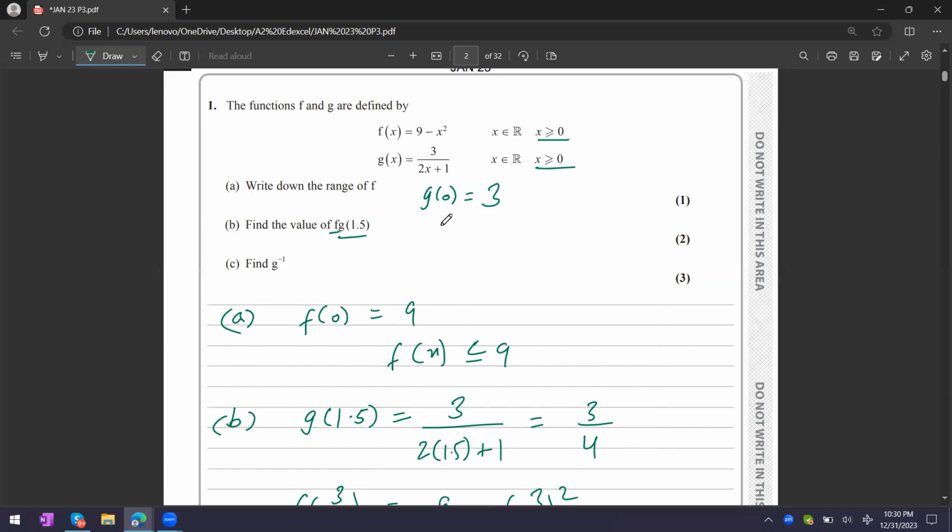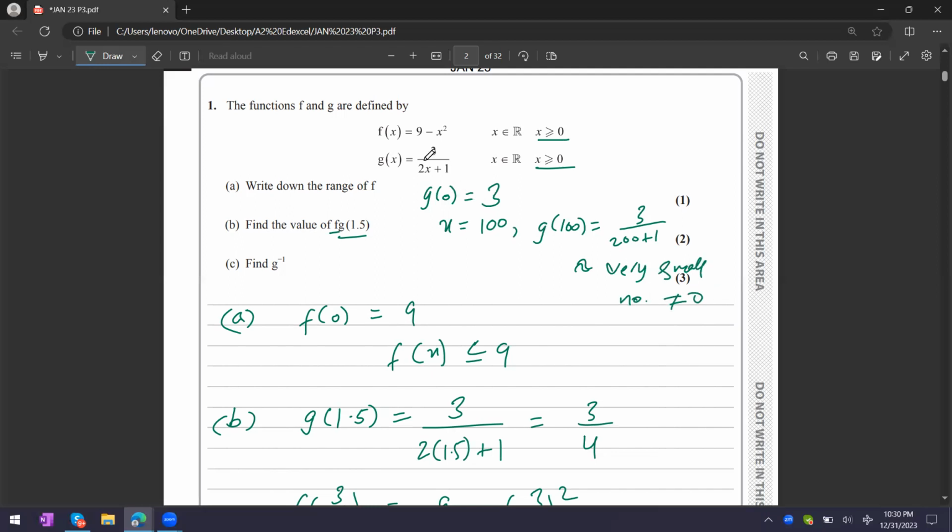For example, you put x equal to 100 here. What is g of 100? 3 over 200 plus 1. It's a very small number, but it's not equal to 0.